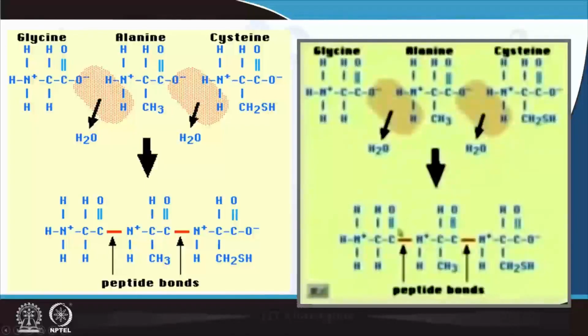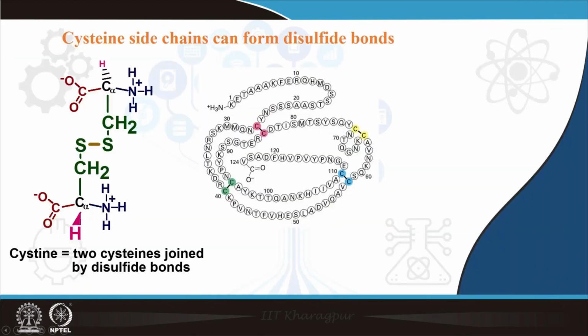Now, as you can see, this is glycine because it has two hydrogens, this is alanine because it has just the methyl group attached to it, and this is cysteine because it has the SH group attached to it. And we found out also that this cysteine amino acid can form what is called a disulfide linkage.